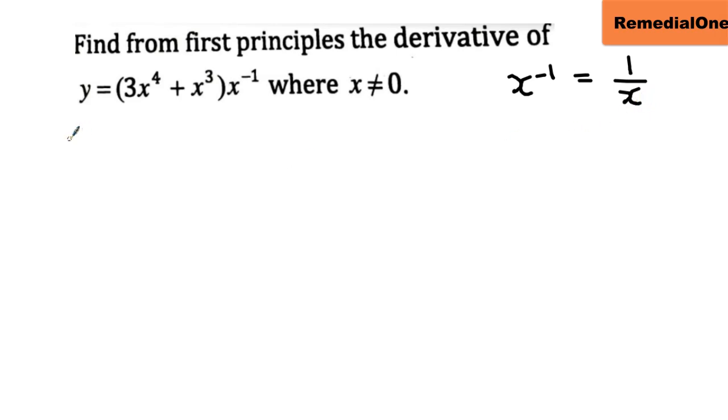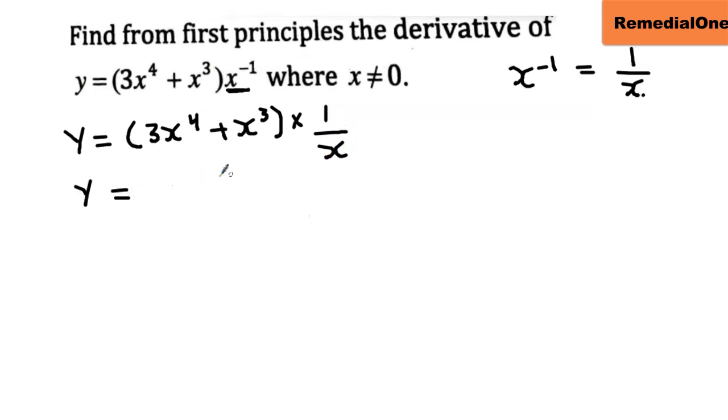With that said, we can say that y must be equal to this, which we can write as such, times 1 over x. So we can remove the bracket and get 3x to the power 4 divided by x, plus x cubed all over x.